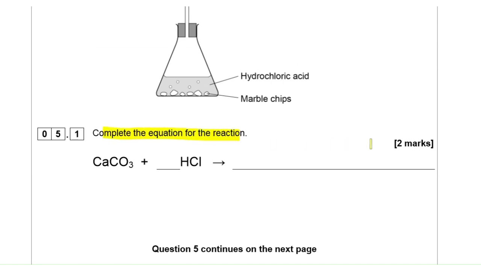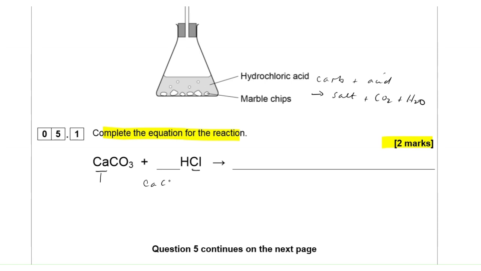Question 5.1. Complete the equation for the reaction. And this is a 2-mark question. So there's some recall of acids. You should know that a carbonate and an acid will give a salt plus carbon dioxide and water. All we've got to do is find out what the name of the salt is. Salts are always named with a metal element first, followed by a non-metal.